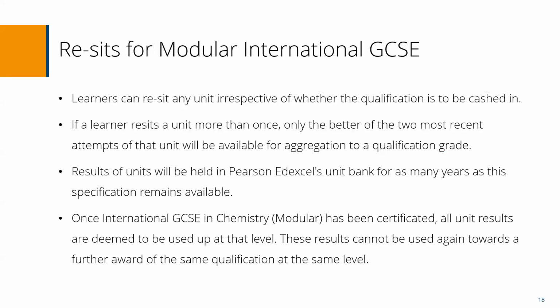So just to stress what that means, if the student takes the exam in unit 1, fine, they get a mark. They take unit 1 again, they get a mark. The better of those 2 marks will apply. If they sit it again, it seems unlikely, but if they sit it again a 3rd time, then that first mark will be dropped and it'll be the better of the remaining 2 marks that will go through.